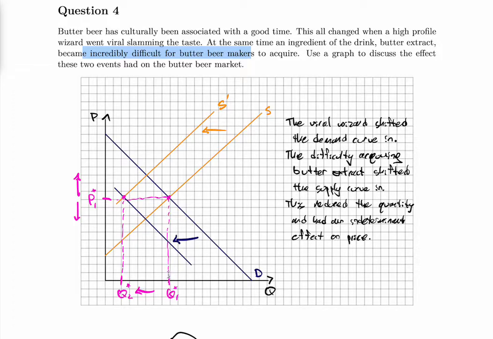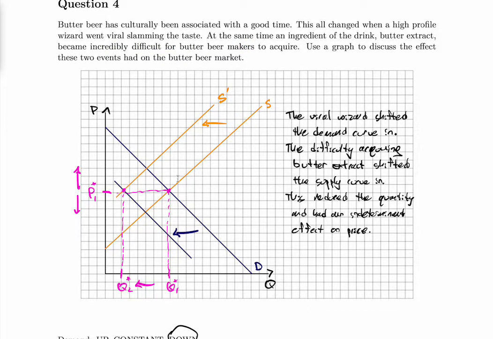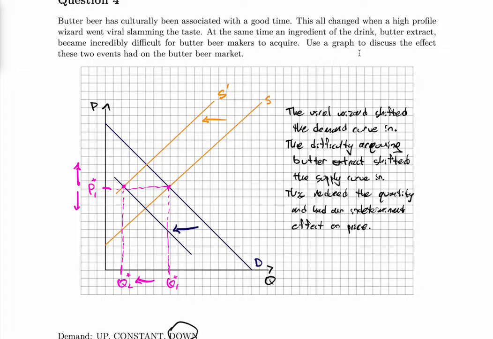So we just draw a horizontal line from any quantity, and it hits the new supply curve at a higher price than the old one. So we get a shift up in the supply curve. Okay, so we label both of those shifts, and then we write a little sentence about it on the side here. And then part of this question is to use a graph to discuss how these events impacted the market.